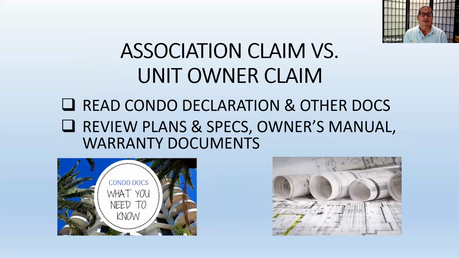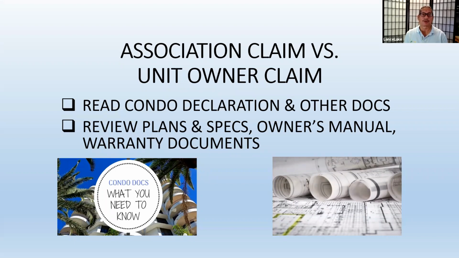So what about an association claim versus a unit owner claim? While dealing with a condo unit or a condominium project, the condo association has a right to file a claim for any common area components. And if it's not a common area component, the unit owner has to file their own claim.